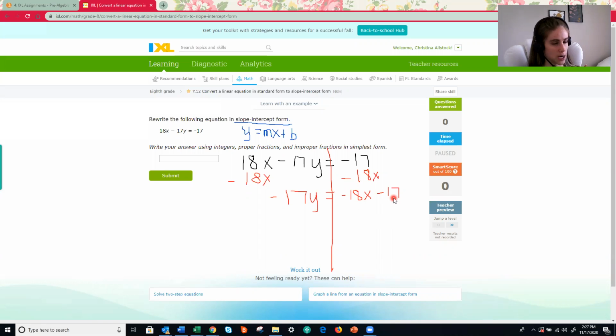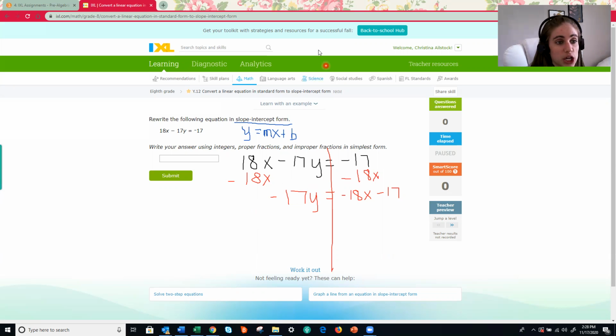I'm not quite there yet, because even though my y is almost by itself, that negative 17 is in the way, because we just want it to be a plain old y. So how can I move that negative 17? Once again, do the inverse. Don't be fooled by this negative. It's not being subtracted. It's negative 17 times y. So what's the inverse of multiplication?